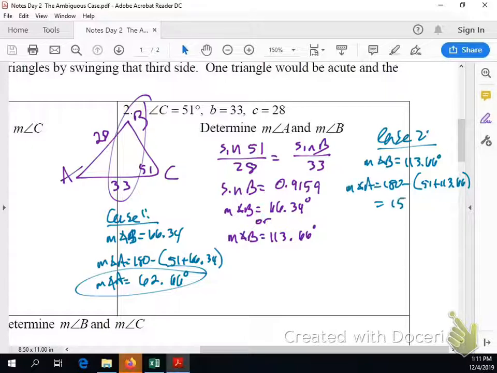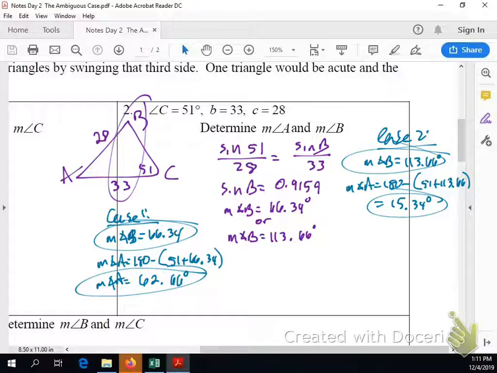So the measure of angle A is 15.34 degrees. So there's one possibility, and here's the other one. Again, we don't know, but all of those angle measures are potentially good angle measures in a triangle. So we don't know which of the two different triangles we're supposed to be looking at.